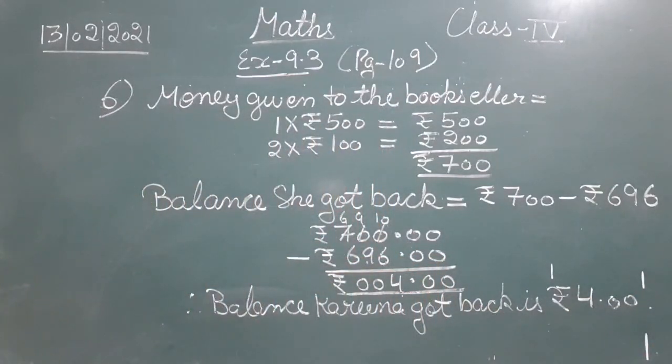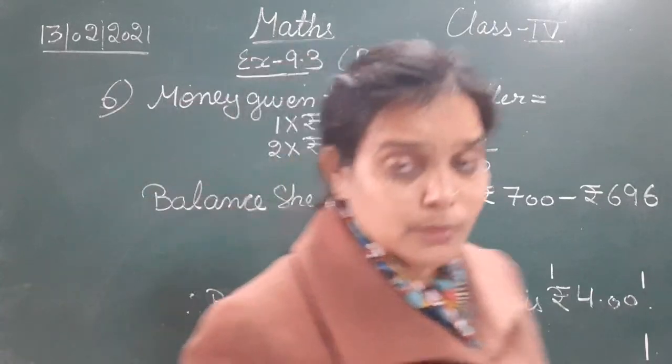Okay, therefore the balance Karina got back is rupees 4. Clear? So this is the solution of question number 6 from exercise 9.3.